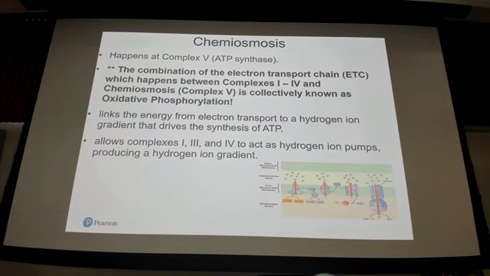It's called oxidative phosphorylation because coenzymes are being oxidized in the electron transport chain, and when they donate electrons and protons, that's oxidation. And then during ATP synthesis, the ADP is being phosphorylated to produce ATP, so hence the name oxidative phosphorylation.